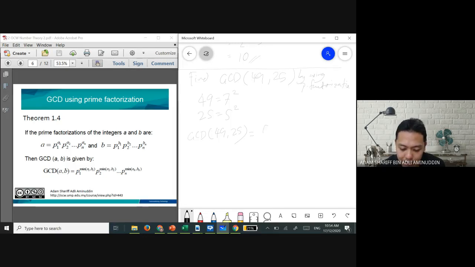Contoh, kalau saya letak 5, minimum apa? Okay, for this case, if there is no prime here, for the 49, there is no 5 as a prime factor, you need to recreate 5 to the power of 0. Because any integer to the power of 0 is equivalent to 1, so it is okay for you to create a dummy variable for it to be comparable.